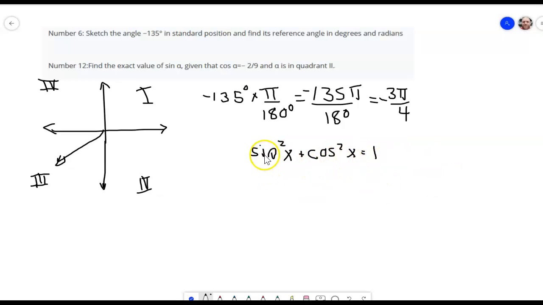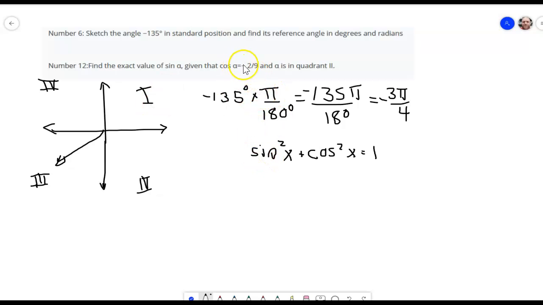What this means is that if you take the sine of an angle and square it, and add the cosine of an angle squared, that's always going to give you the value of 1. No matter what angle of sine you square, and no matter what angle of cosine you square, you're always going to get 1. And by knowing this, you can figure out what the sine of an angle is given the cosine of an angle. So how do you use that?